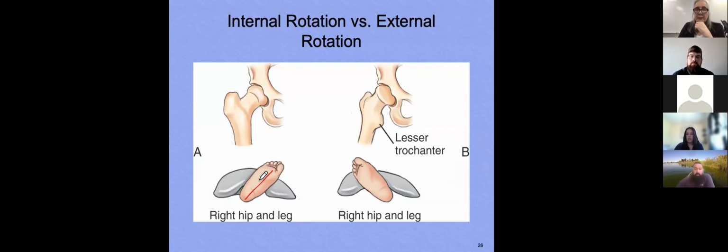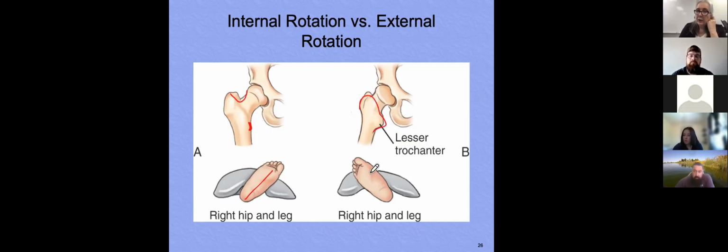But what this is supposed to give you is a U, and you probably won't see much of the lesser trochanter. So he drew this wrong. Over here, this is an external rotation, and this will be kind of superimposed. And this should look pretty big, and it does.